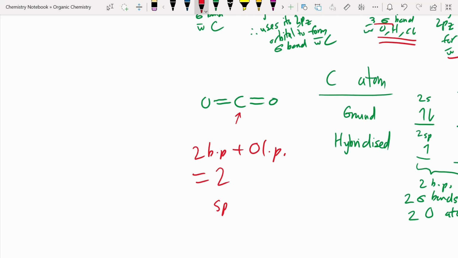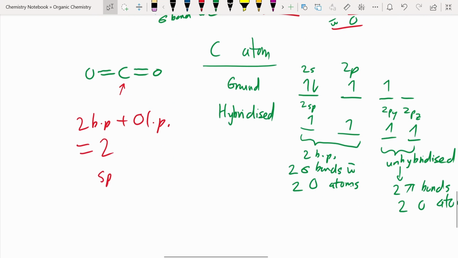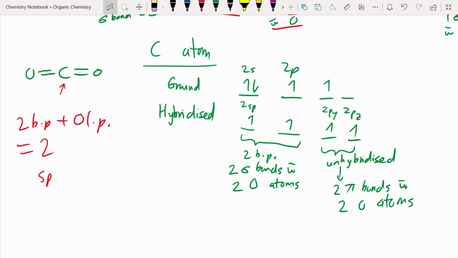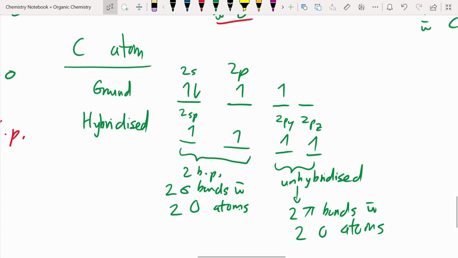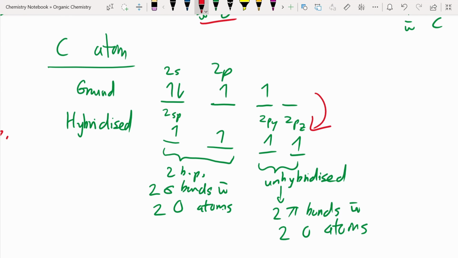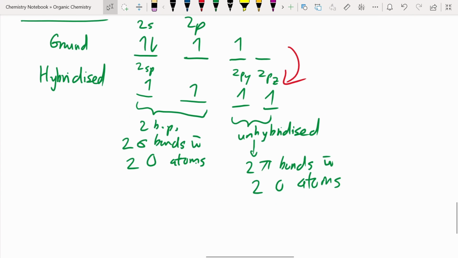Another reason why you need to form sp orbitals is that the electron pair arrangement is in a linear shape, since there are no lone electron pairs. The fact that sp has only 2 hybrid orbitals: take the carbon atom right here. As usual, excite and hybridize, and you'll see there are only 2 sp hybrid orbitals.